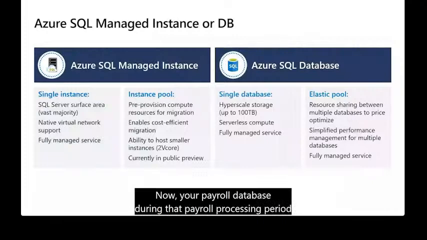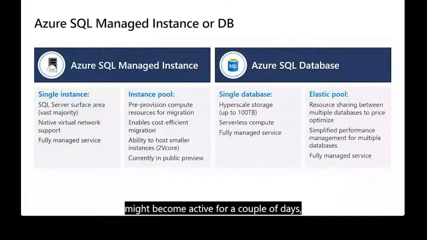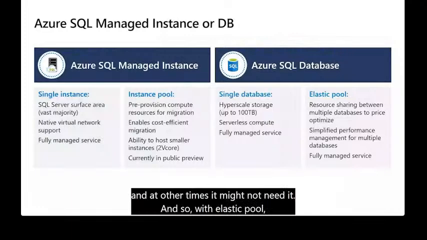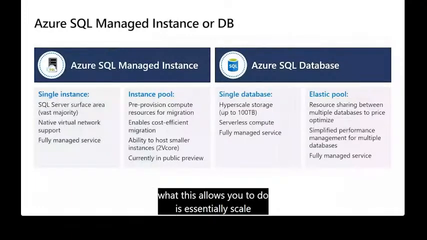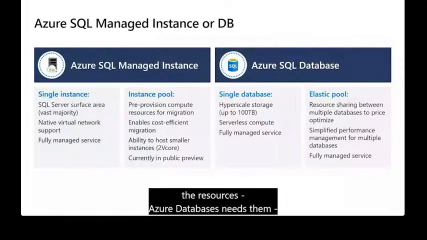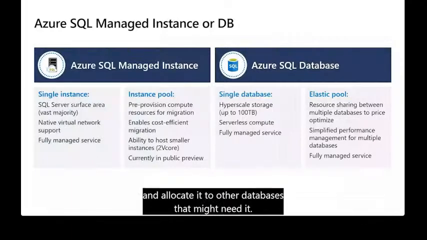Now, your payroll database during that payroll processing period might become active for a couple of days to process those payrolls, and at other times it might not need it. And so with Elastic Pool, what this allows you to do is essentially scale the resources as your databases need them and release the resources when the processing is complete and allocate them to other databases that might need it.